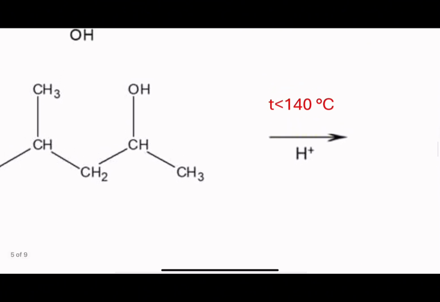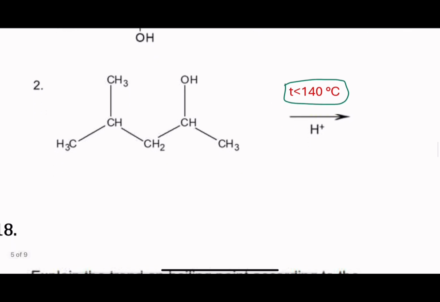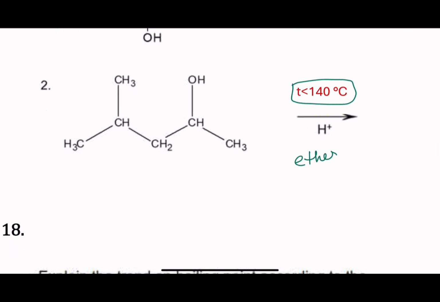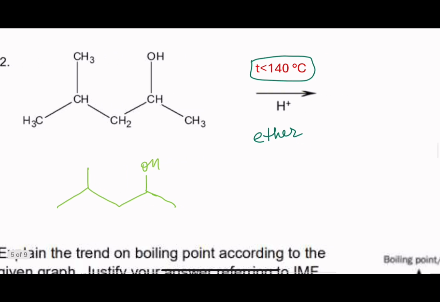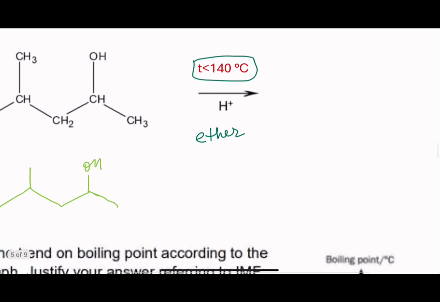Now you have in here below 140 degrees Celsius, meaning that we're going to make ether in here. Now I'm just going to draw the line diagram of it so you guys can see. All I need to do is to combine them. So I need to have 2 of them, right? So I take OH from 1 and H from 1 to lose the water.